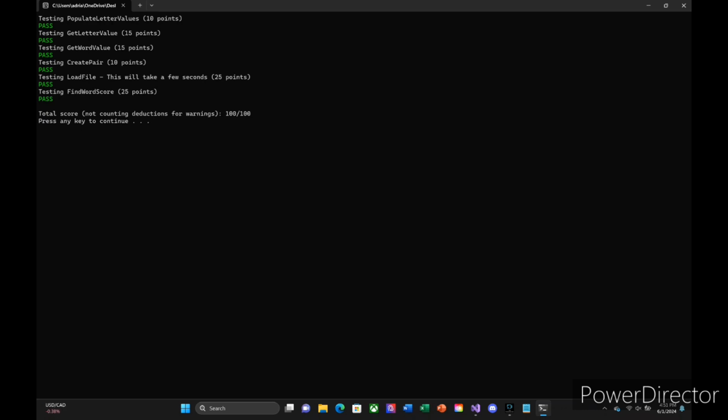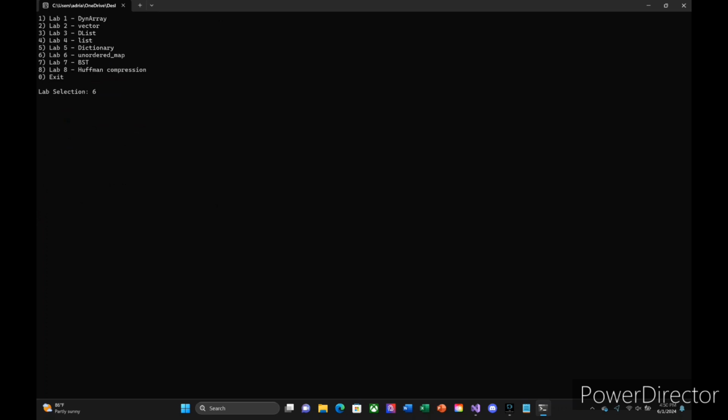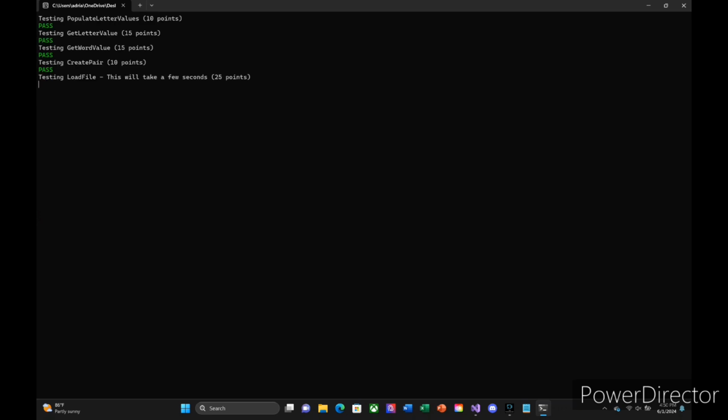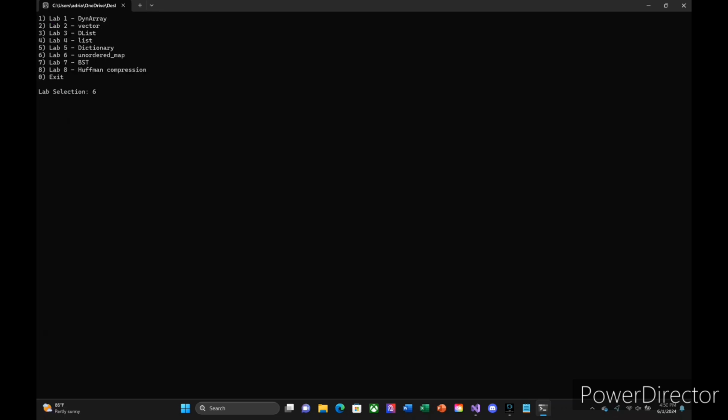And as far as the data members that were given for this lab, there was the M letter values that represented an array of 26 values, which represented the individual values for each of the letters. And then the M Scrabble map, which was the unordered map that stores the words as the key and the total points as the value.